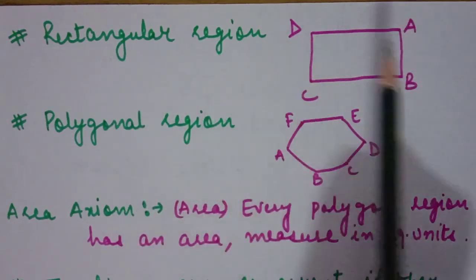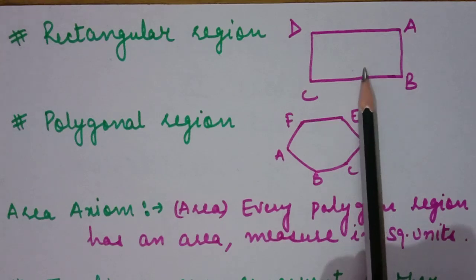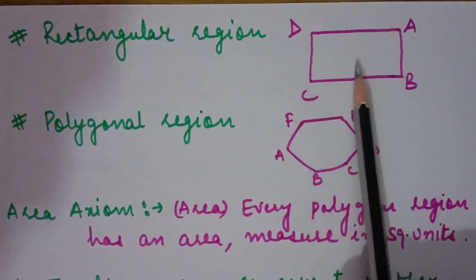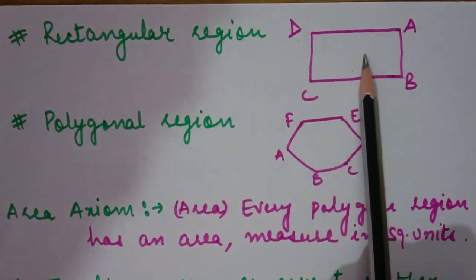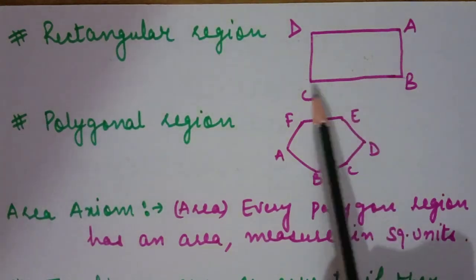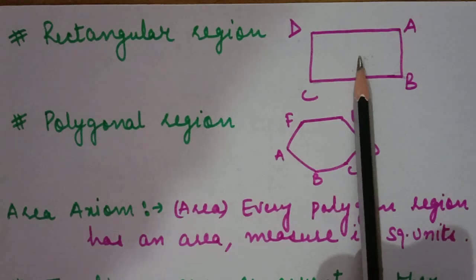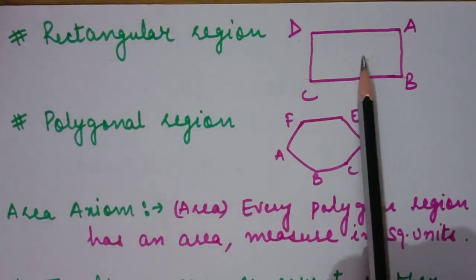Rectangular region is this. This is an example of a rectangle or a parallelogram or a four-sided polygon. So the definition of the rectangular region is: the part of the plane enclosed by a rectangle is called the interior of the rectangle, and the union of the rectangle and the interior part of the rectangle is called the rectangular region.